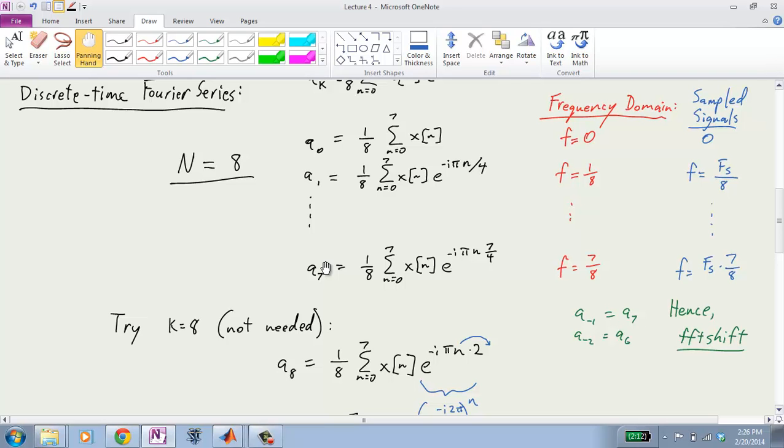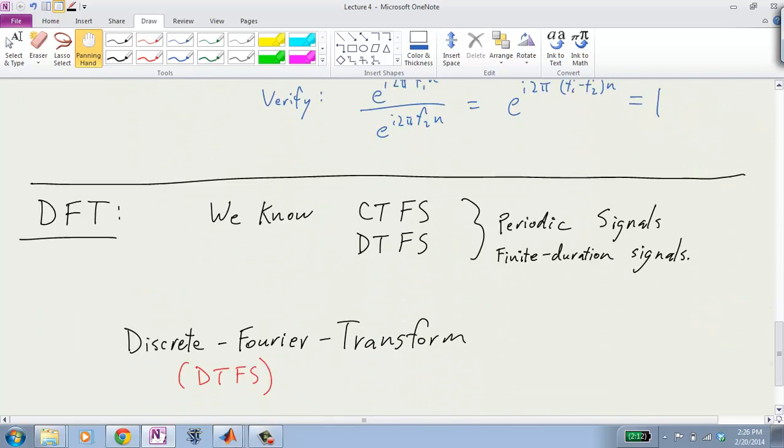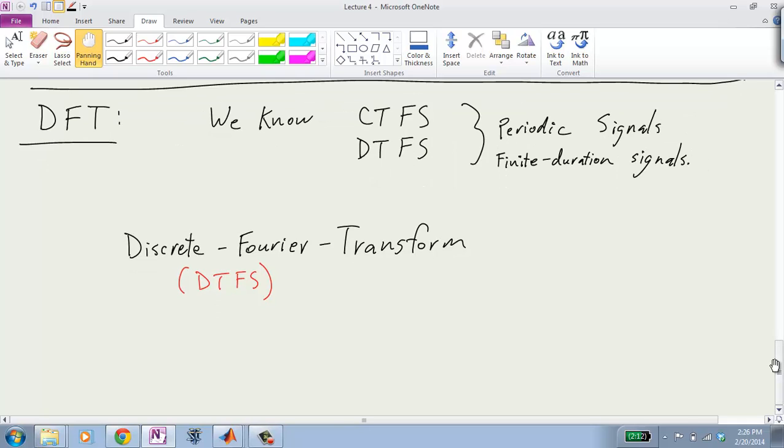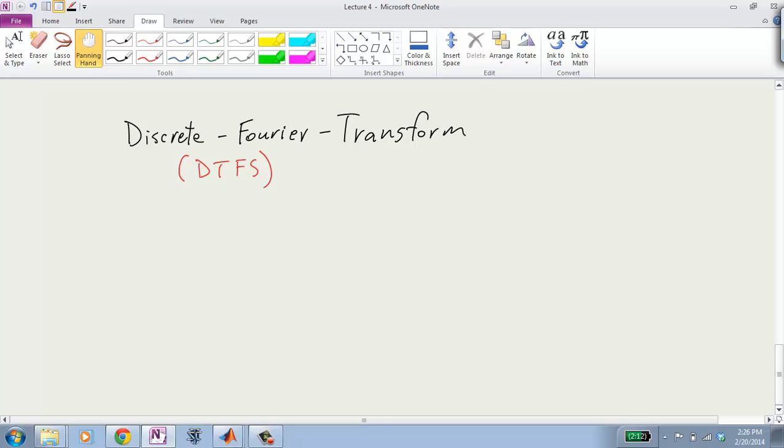So the discrete time Fourier series used on a finite duration signal goes by another name, the discrete Fourier transform. And technically, this is what you are using in MATLAB, because the command FFT is a fast algorithm meant to compute the discrete Fourier transform. Okay, so let me just talk a little bit more about this transform.